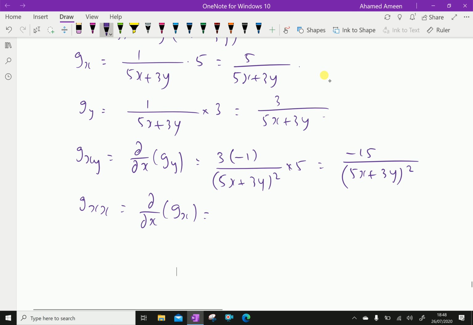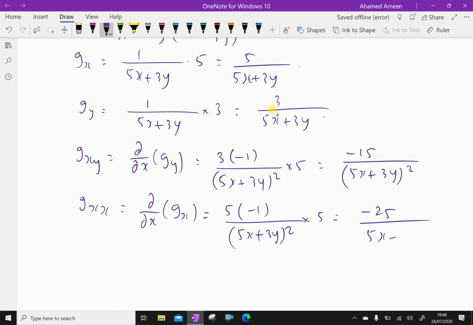So we have 5 into minus 1 over 5x plus 3y the whole square into, with respect to x, the derivative of 5x is 5, which is minus 25 over 5x plus 3y the square.